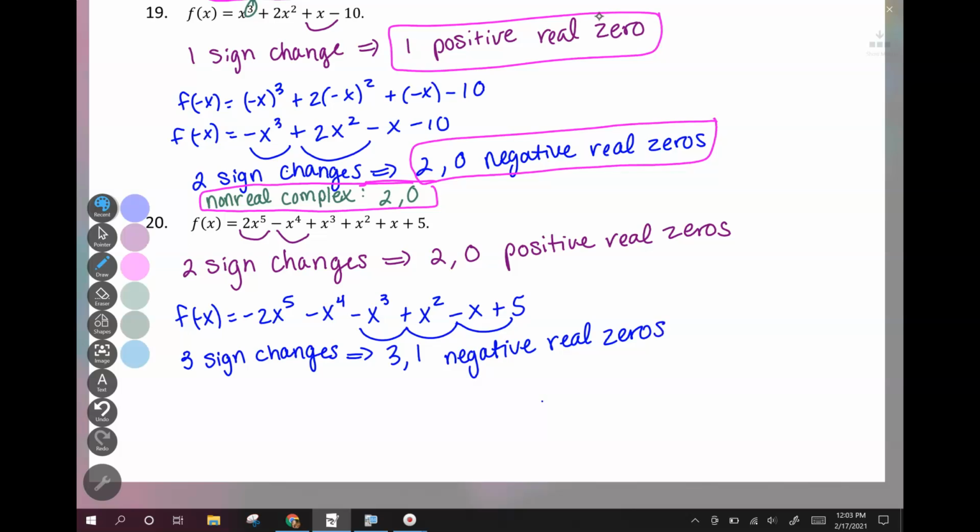And now we'll see how many are left for our non-real complex zeros.